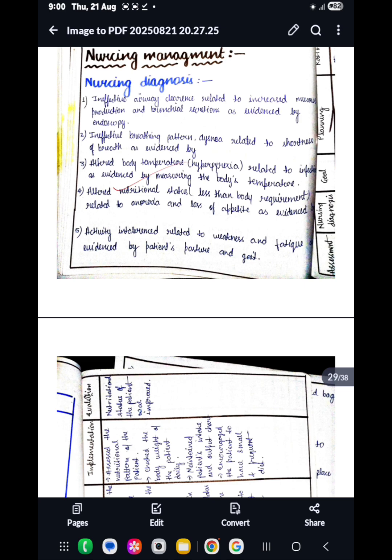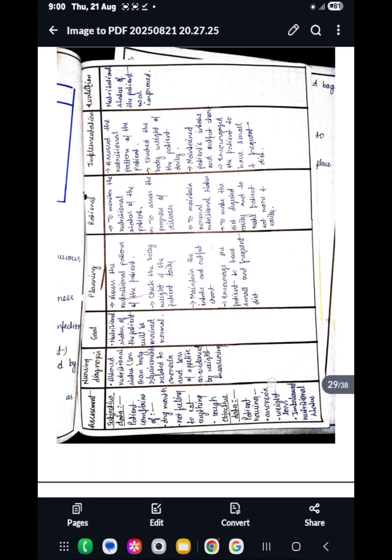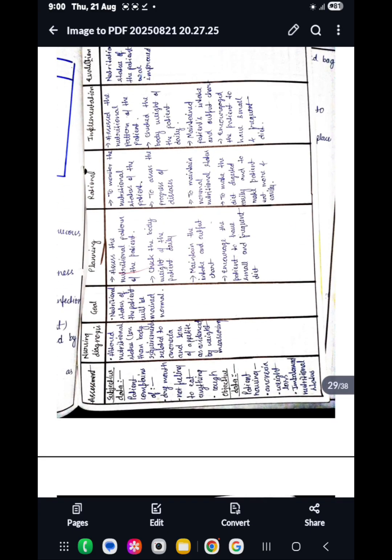Then breathing pattern, altered body temperature, altered nutritional status and activity intolerance. Okay, then we move to the NCP. We have made the NCP with assessment, subjective and objective data, nursing diagnosis, and remember that when making the NCP, we should make it according to priority.